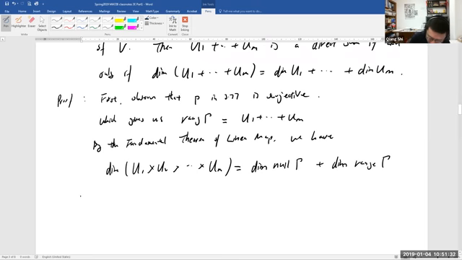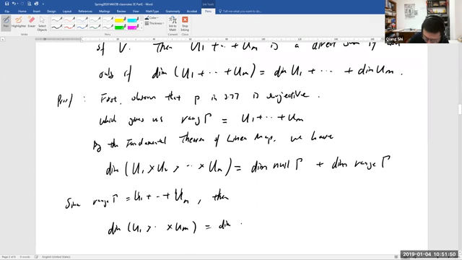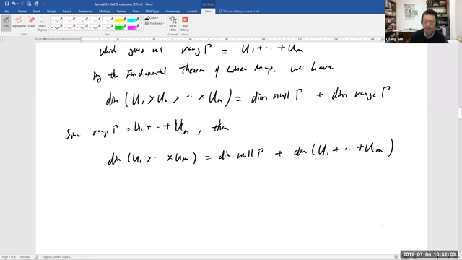So since the range of gamma is equal to the sum of these vector spaces, then the dimension of this product here is equal to the dimension of null gamma, plus the dimension, well, since the range is the same as this one, it's equal to the sum, all right?